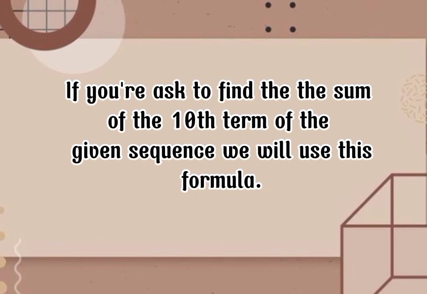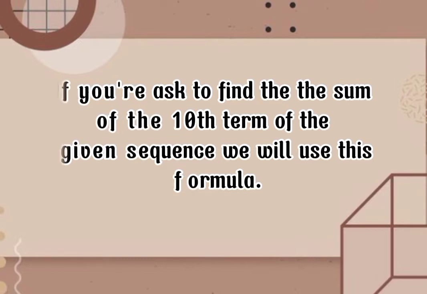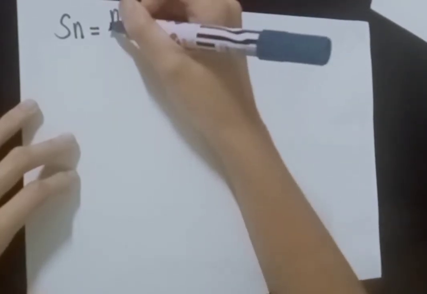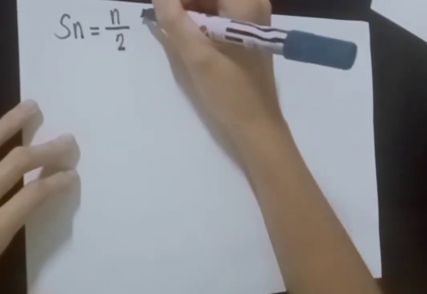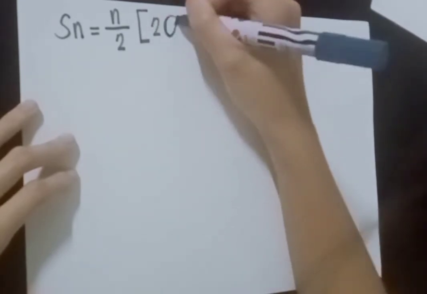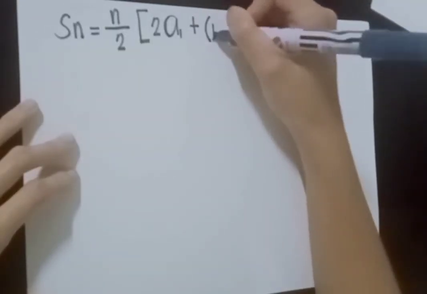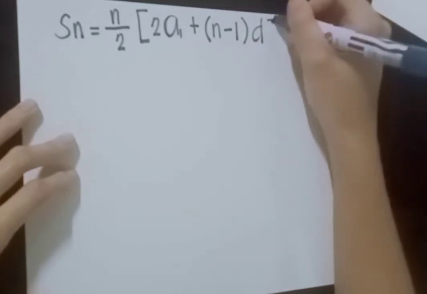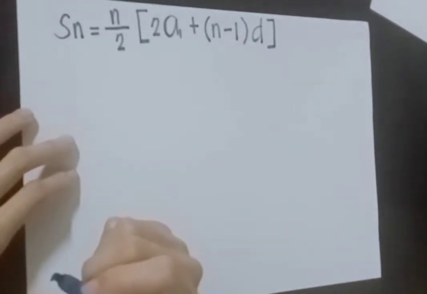If you are asked to find the sum of the 14th term of the given sequence, we use this formula: Sn, the sum of the n terms, equals n divided by 2 times a sub 1 plus n minus 1 times d, the common difference.